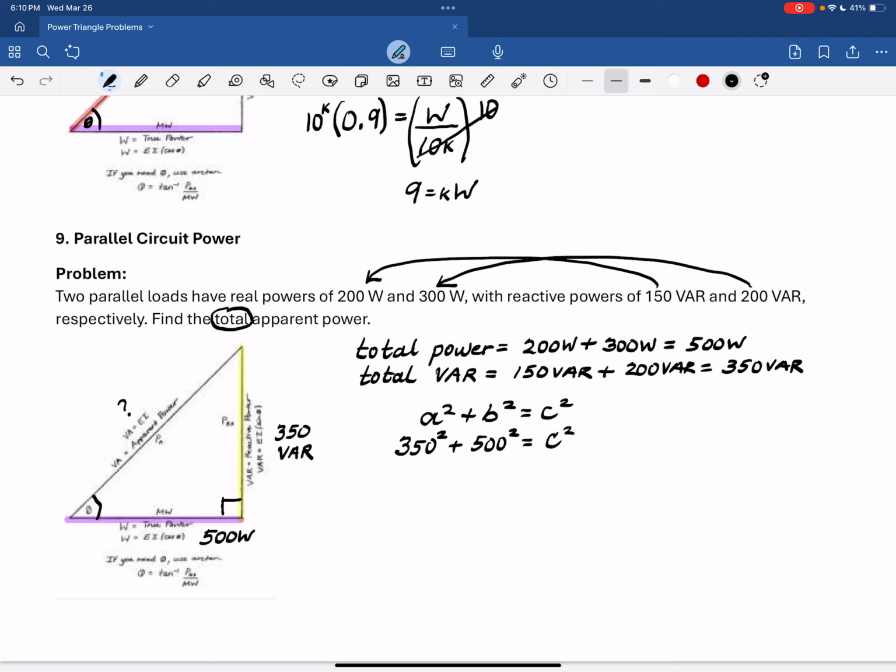We're looking for VA. So 350 times itself, I'm not going to attempt this one in my head. And I don't have enough light to use my calculator. Let me put on a lamp here. There we go. 350 times 350 is 122,500.